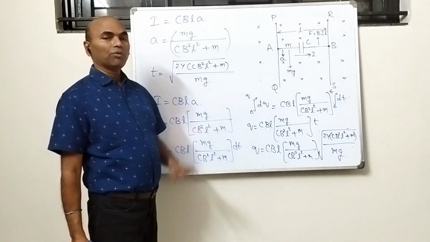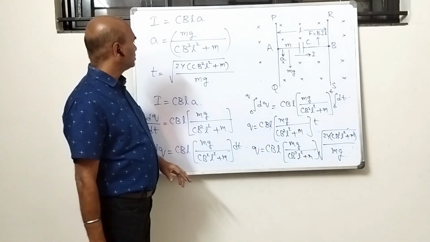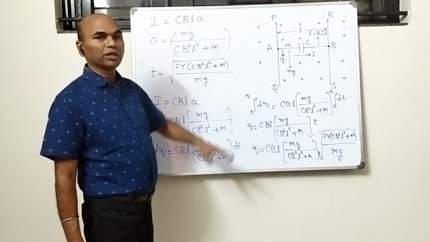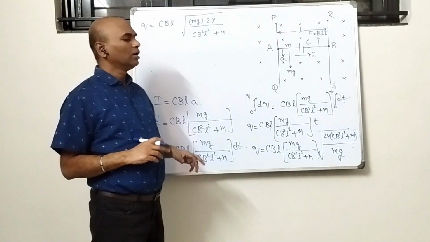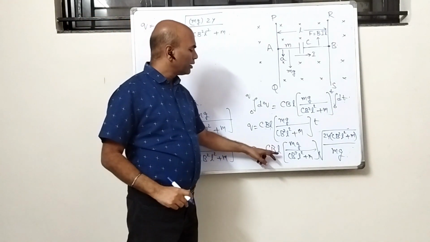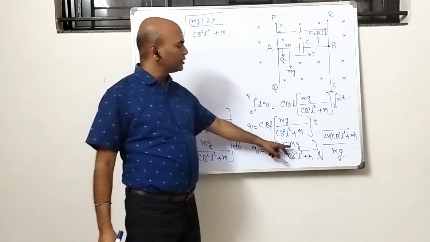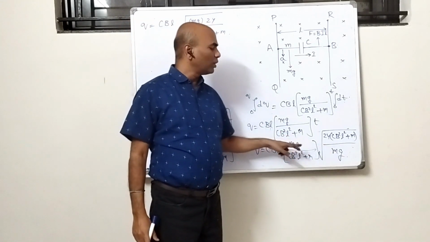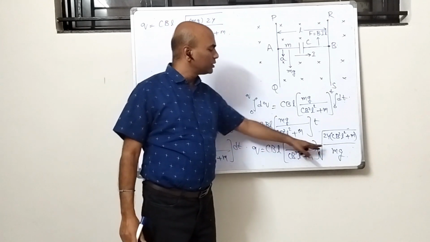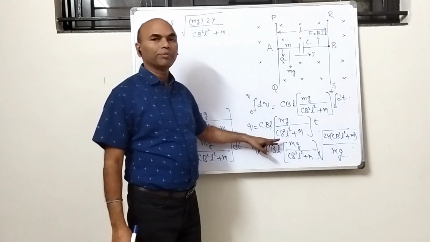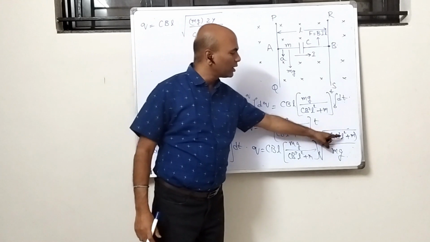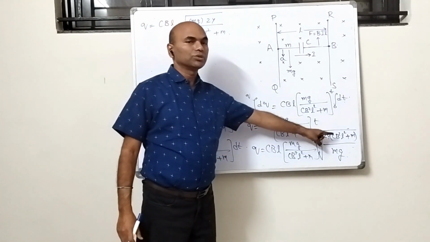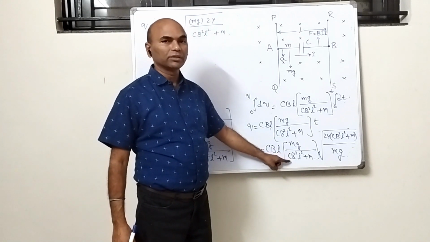So that now I can make the relevant cancellations. Here it's very clear that mg is outside the root in the numerator and here it is inside. So one cancellation will eliminate this mg, but here it will be root mg. The term in the bracket, CB square L square plus m, is the same here, so that term will cancel and this will come inside the root.